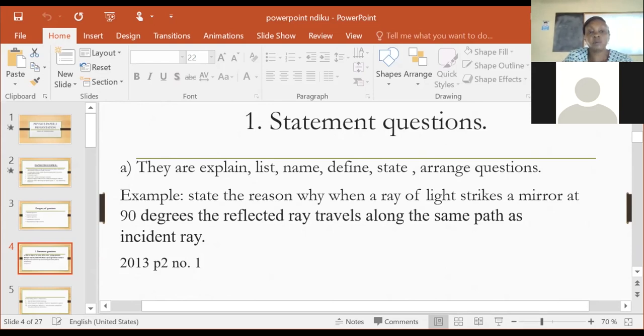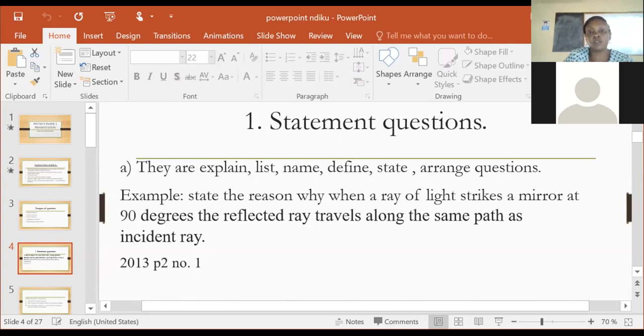We have the expected answer. We know the angle of incidence equals the angle of reflection. But now here the reflected ray follows the same path.